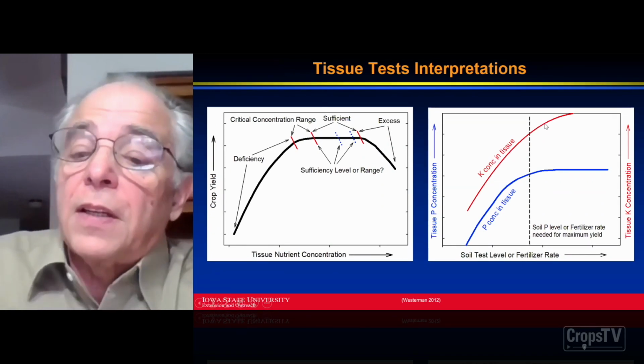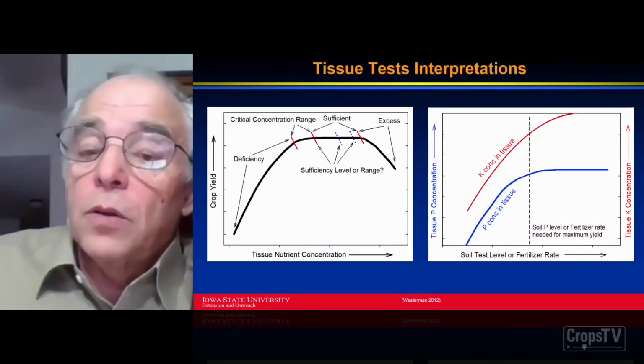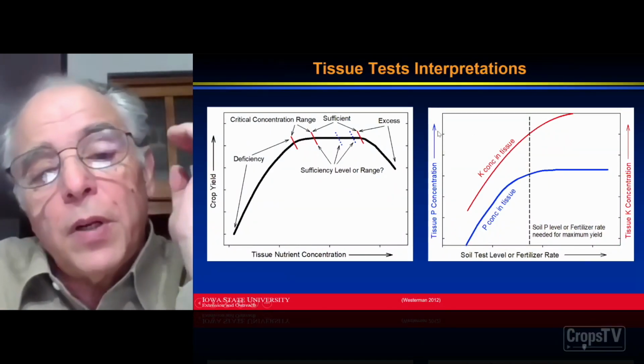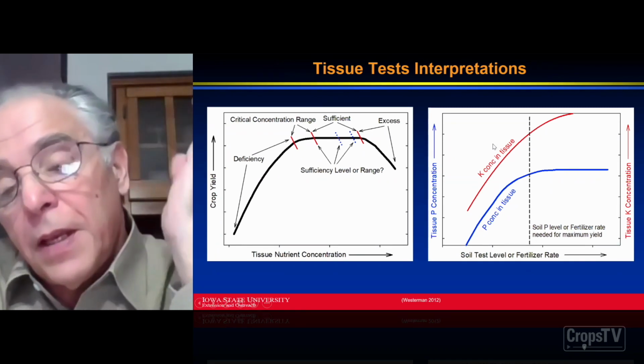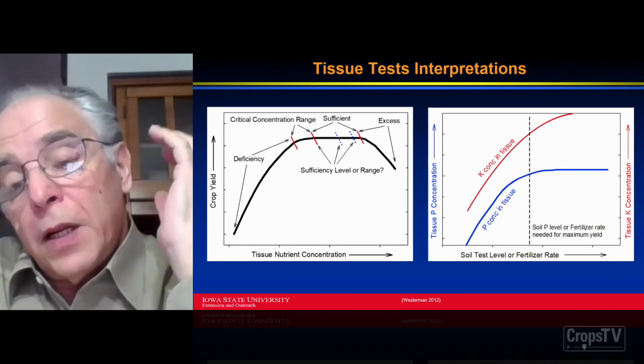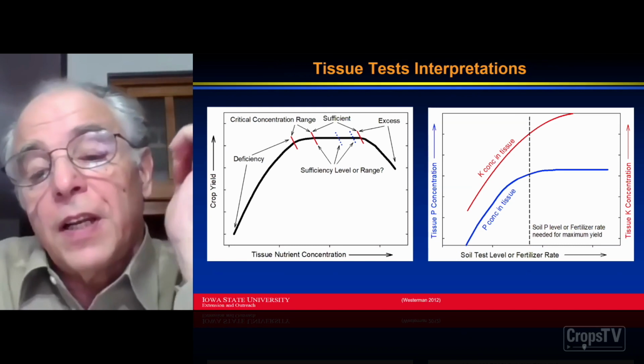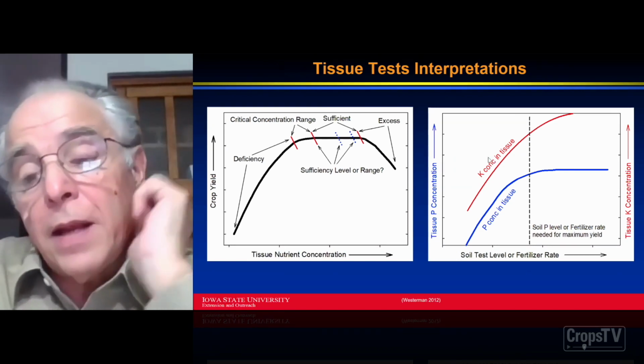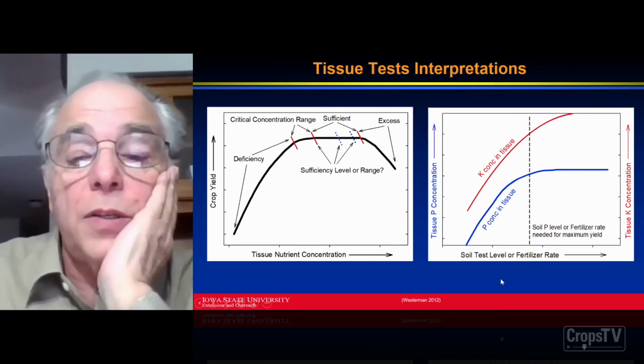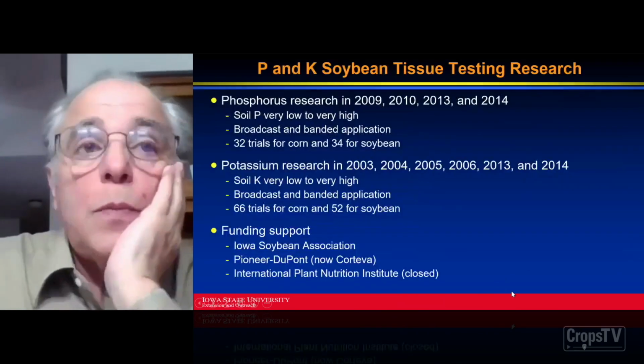So these things vary with the different nutrients. But people need to understand this, so they understand better when they are looking at these sufficiency levels of tissue tests and when they are going to make a decision about fertilization.